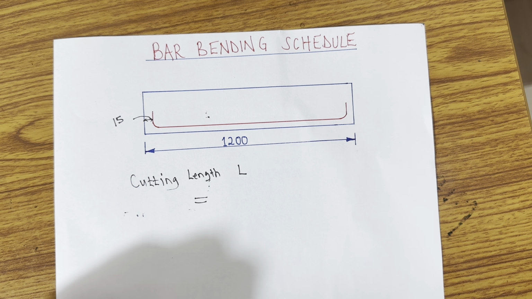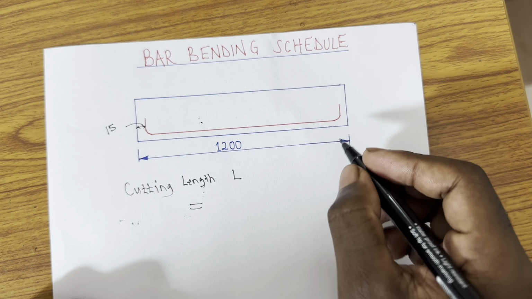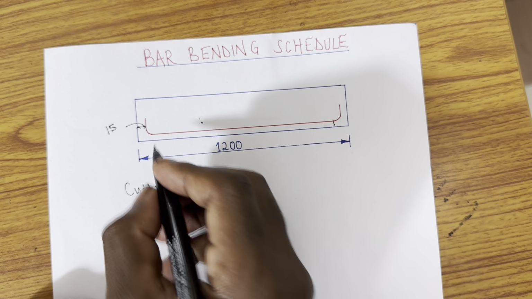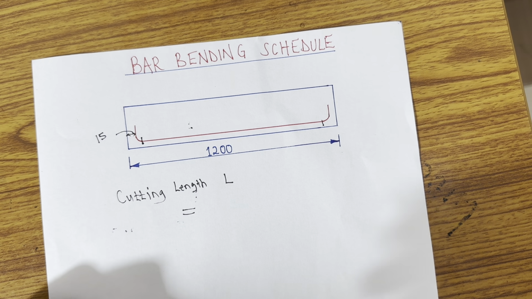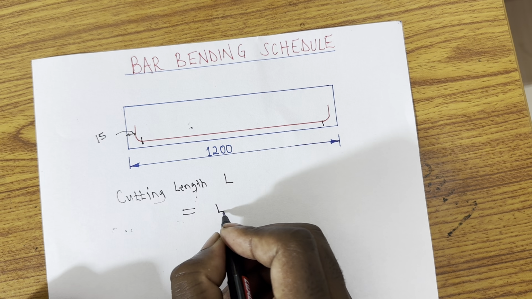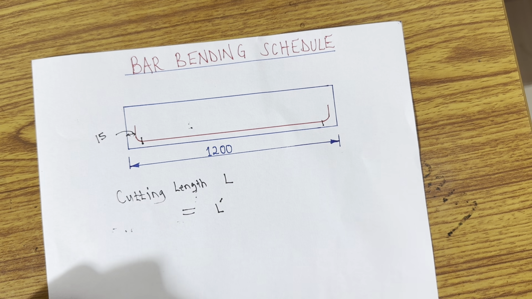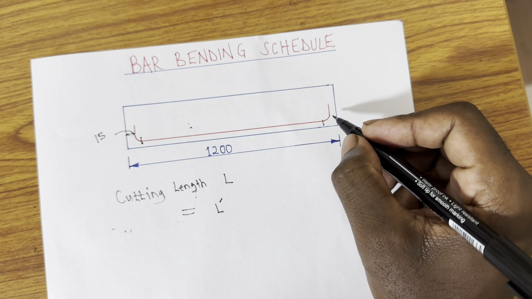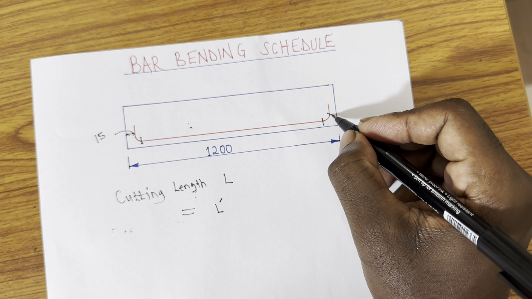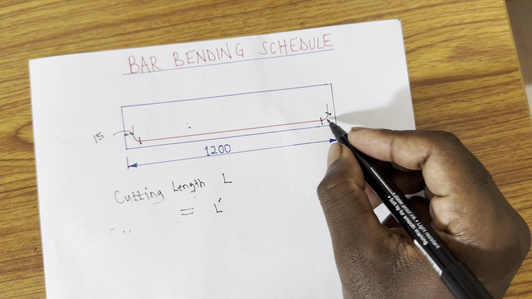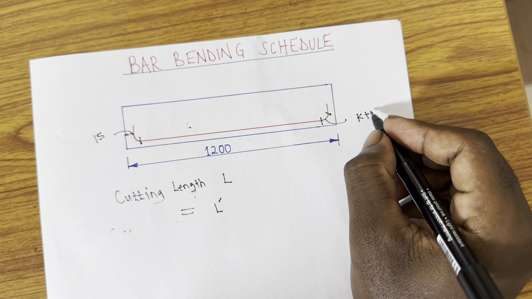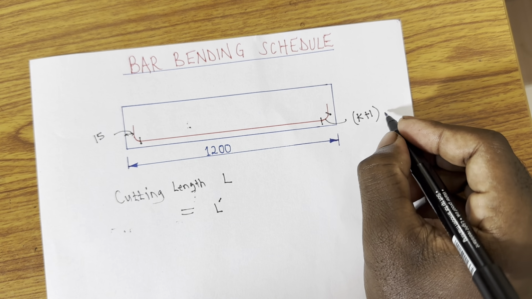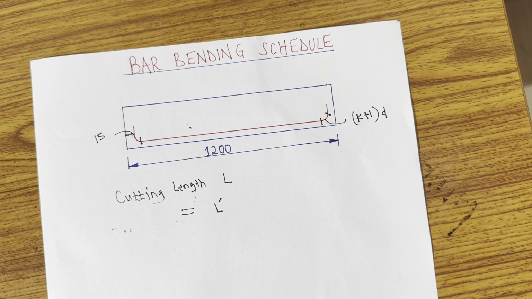In this situation, you need to know that from this up to this part is straight, okay? So let me call that one L dash. That part is straight. And what about this other remaining part? From this part up to this part is given by the formula (K plus 1) times D. Now, there are two things here.